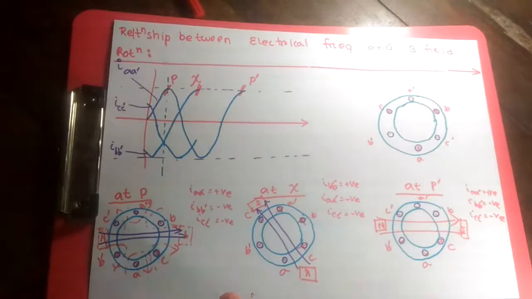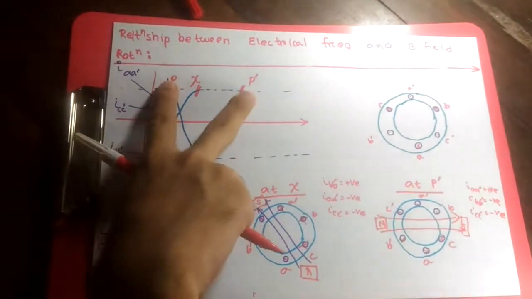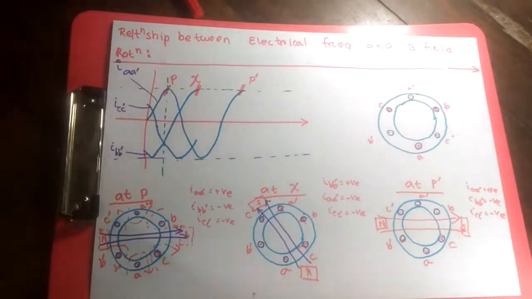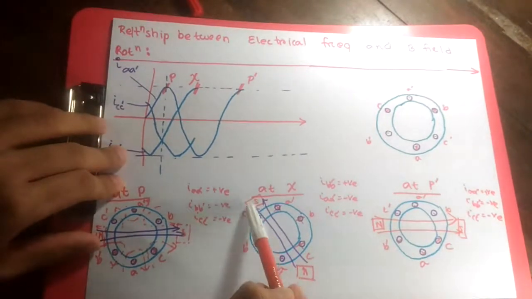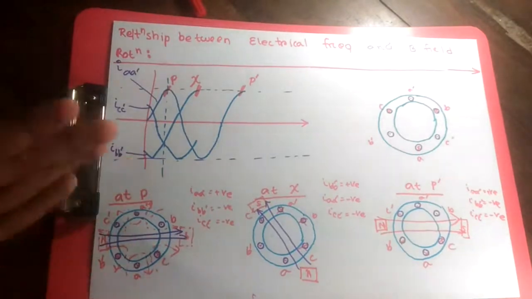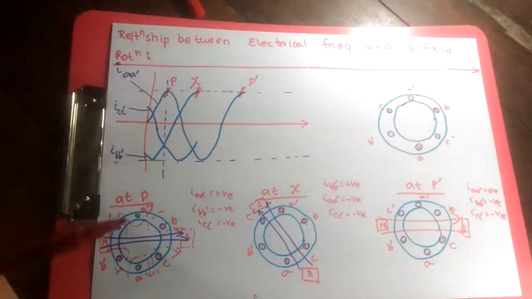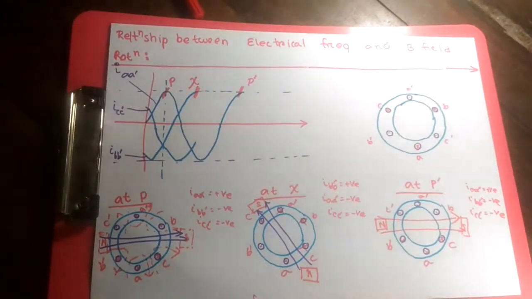So we see that from this P to this P dash we have considered a 360-degree rotation. After the 360-degree rotation, this north pole, which first started rotating counterclockwise, had completed a full rotation and came back to its original position. That means its rotational angle is also 360 degrees.